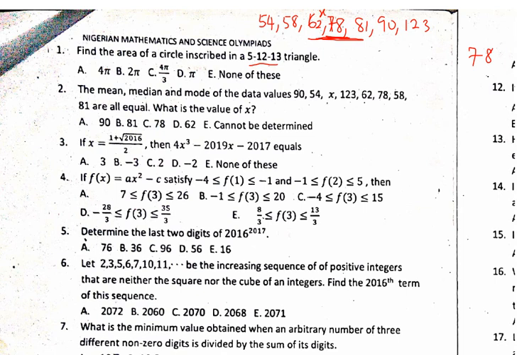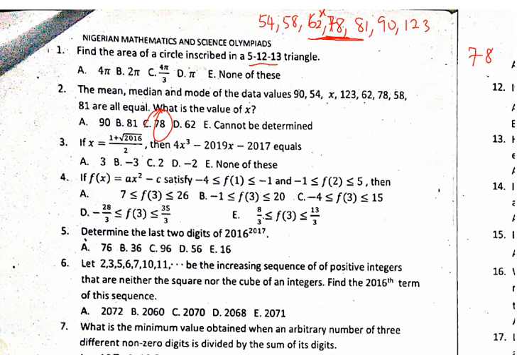So if we place our x at the middle beside 78 and at the same time 78, we realize that we are going to have the same thing as the median and the mode. We can also try that for the mean. But what this signifies is that the answer is 78.